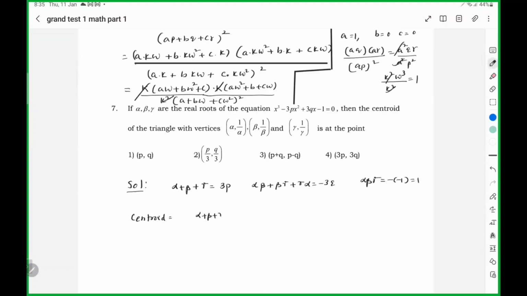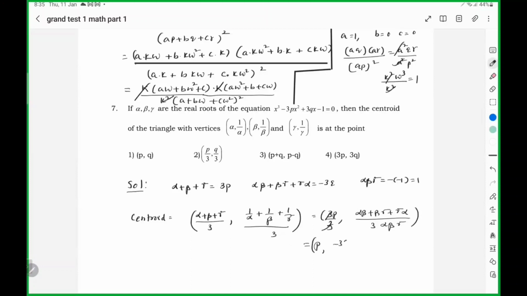Alpha plus beta plus gamma, 1 by alpha, 1 by beta, 1 by gamma, which is 3p by 3. Alpha beta, beta gamma, after taking LCM, P. This one is minus 3q by 3. We get p comma minus q.